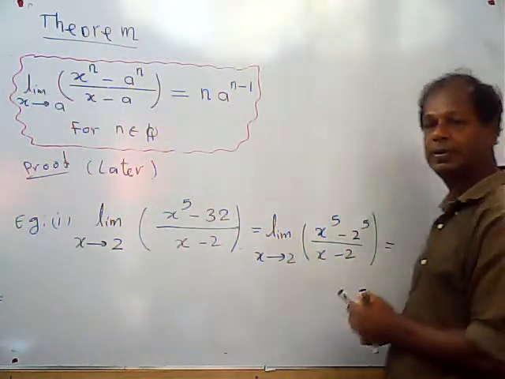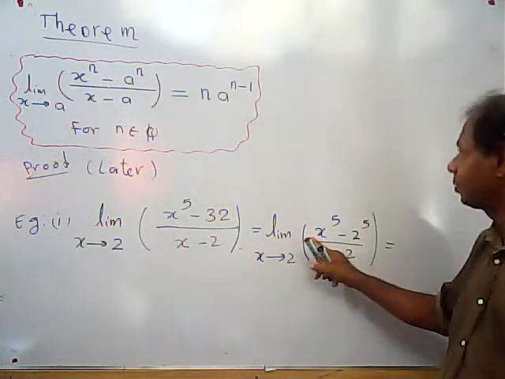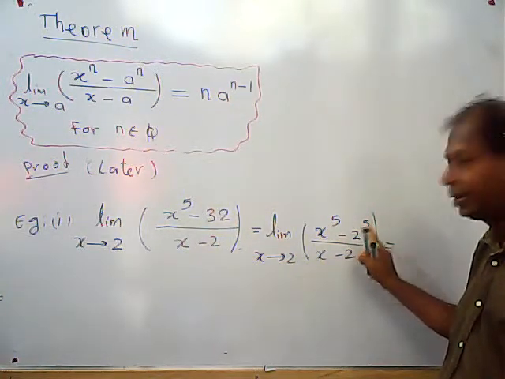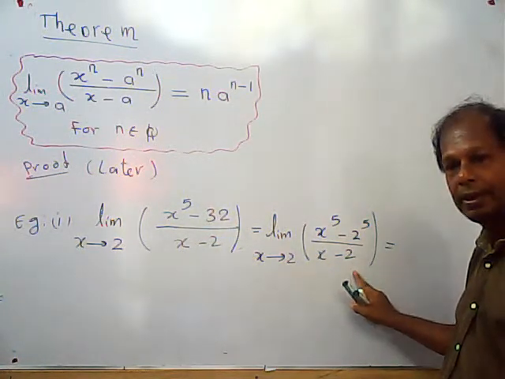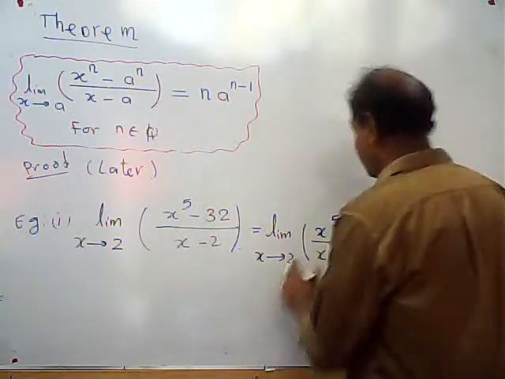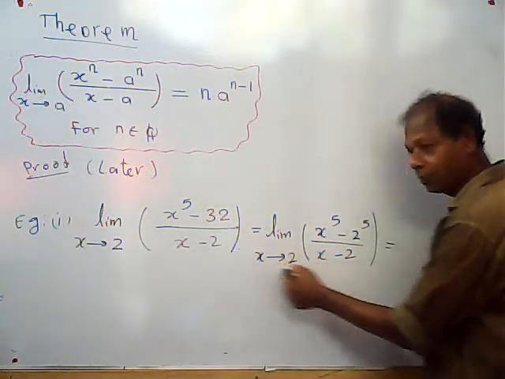Okay, now everything is nicely set. x to the power n minus a to the power n divided by x minus a, as x goes to 2. It looks like x goes to a.